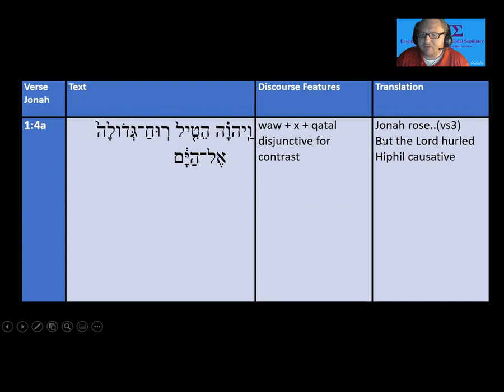So this can be taken as a "but the Lord hurled a great wind," or sent a great wind. It could be related to that. In class, they discussed the hiphil causative aspect. In other words, the Lord is the one that caused this storm to come about.